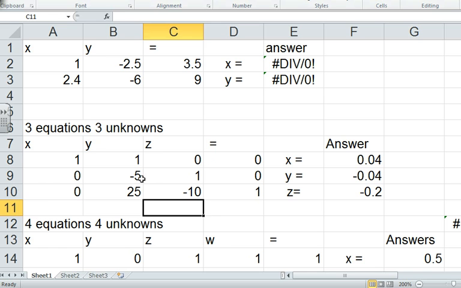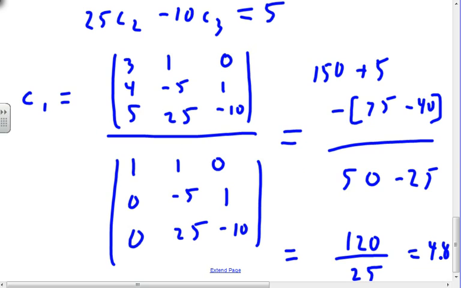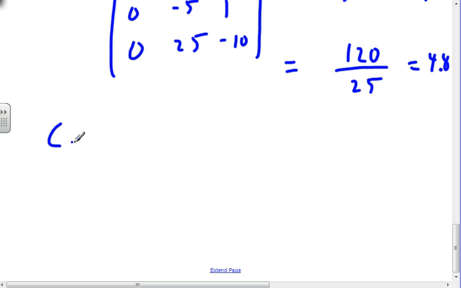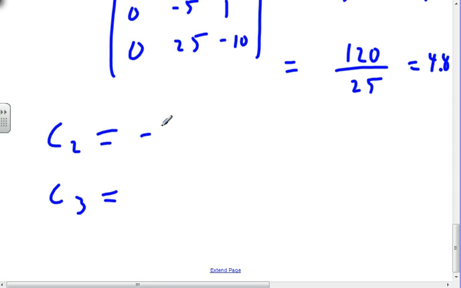Oh, over here I need a 3, 4, and a 5, right? Oh, 4.8. Lucky guess, right? Is that what I got? 4.8? So C1 is 4.8, which I already calculated. And then C2 and C3 are to come, minus 1.8 and minus 5.